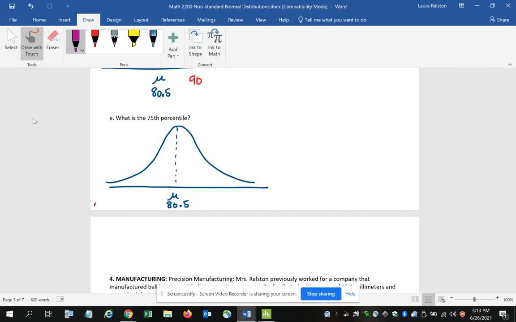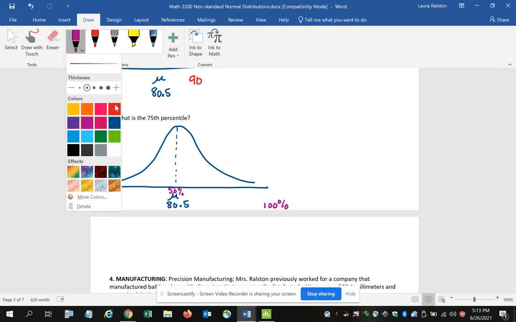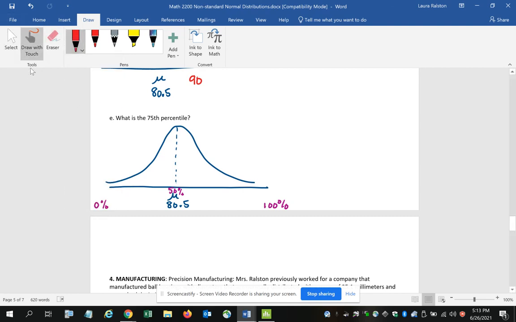Remember that we start at the left, that goes 0 up to 100%. The mean, which is in the middle, is the halfway point, or 50%. And that's important because we're looking for the 75th percentile. The way you interpret a percentile, we're saying that 75% of the data is below that value. So 75% is going to be somewhere over here, and it's going to be below that. So this would define the 75th percentile.